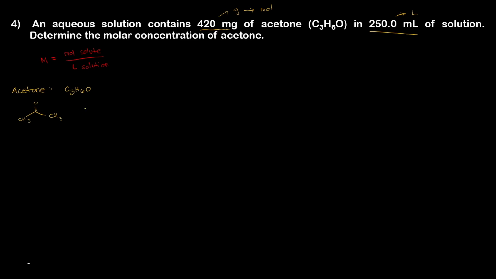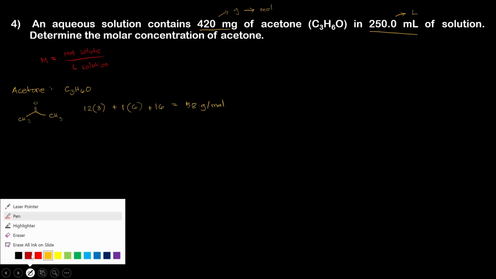So carbon, there are 3 carbons, so 12 times 3, plus 6 hydrogen, so 1 gram per mole times 6, and 1 oxygen, that would be 16 grams per mole. So solving, the molar mass of acetone is 58 grams per mole.